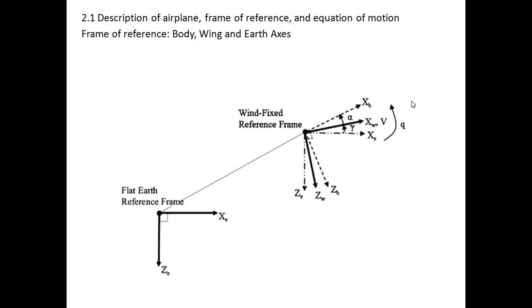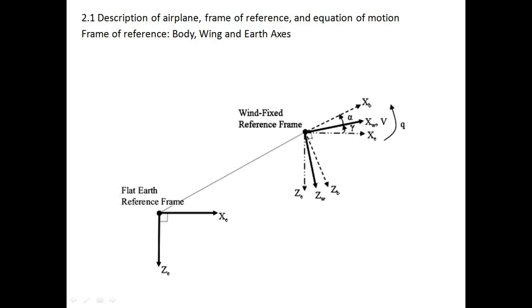Between the body axis and the wind is called alpha, or angle of attack. The combination of these two, alpha and gamma, is theta, or pitch angle, which is basically the angle between the body axis and the Earth axis.